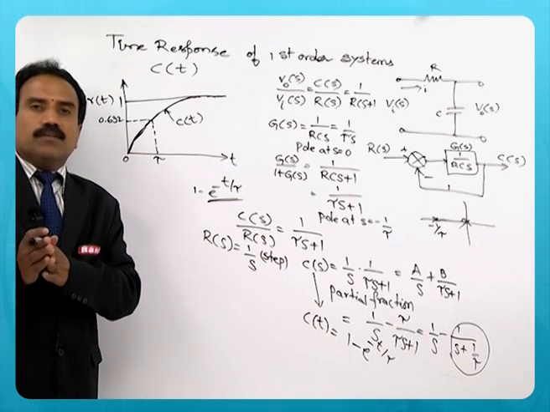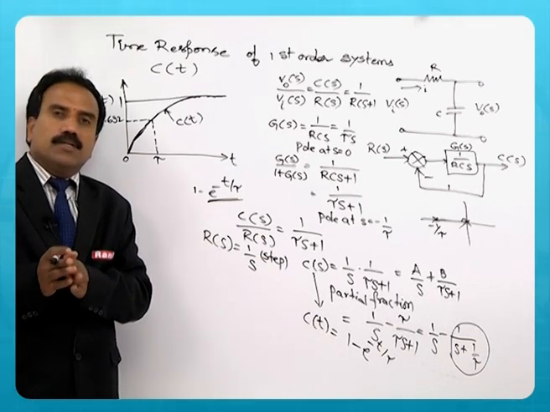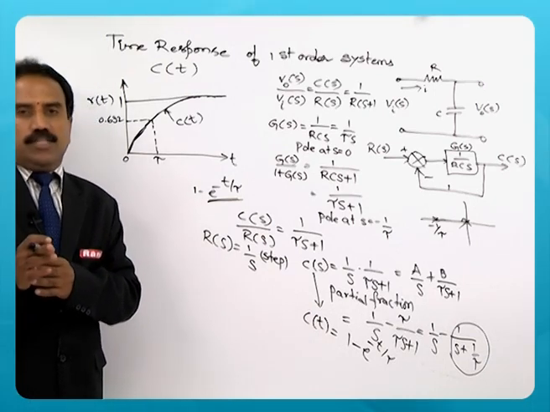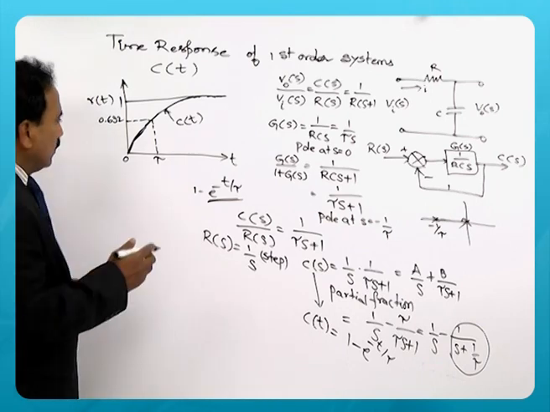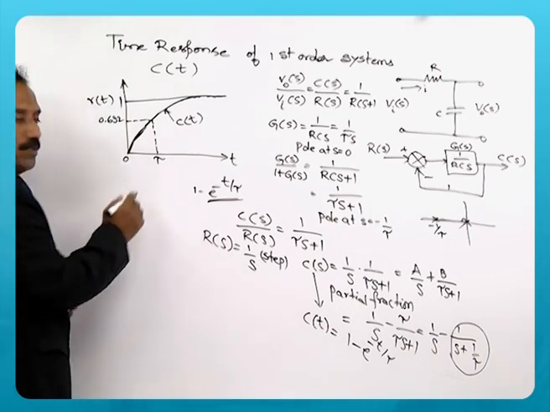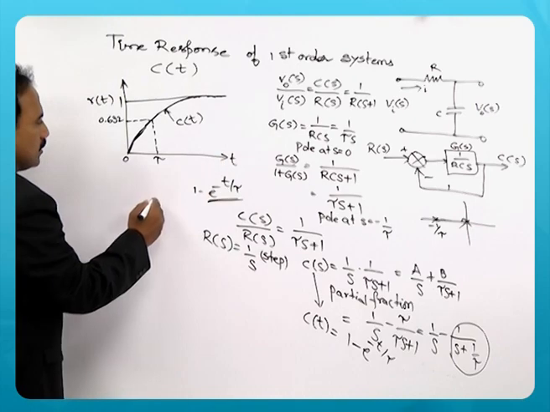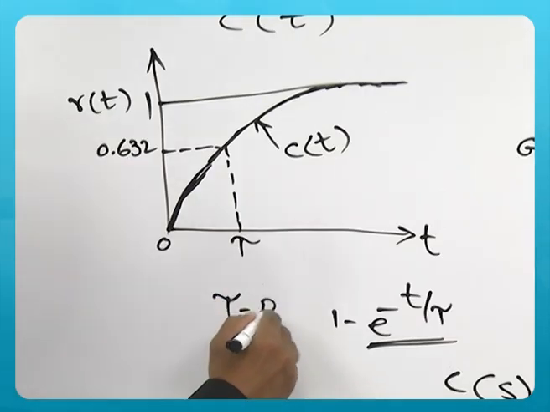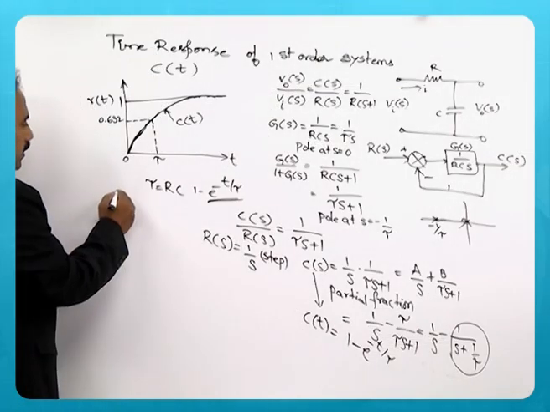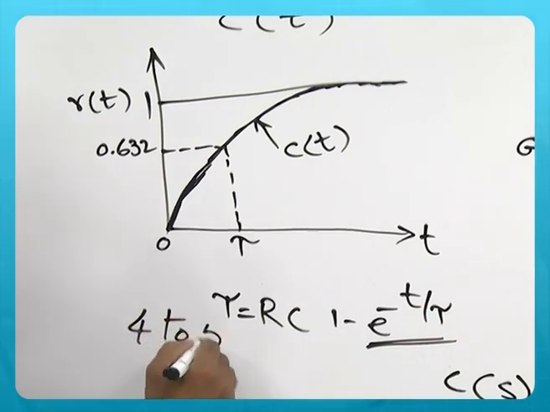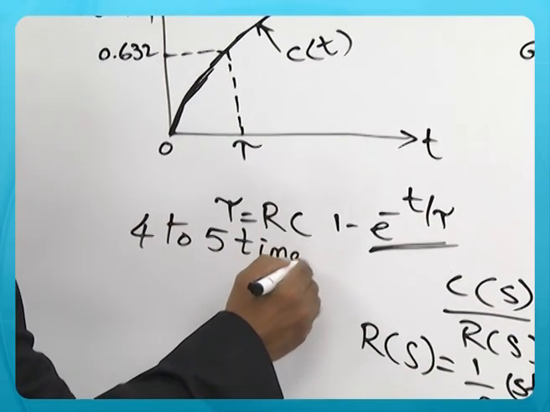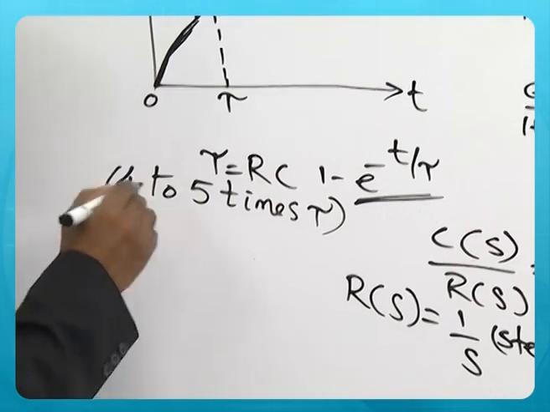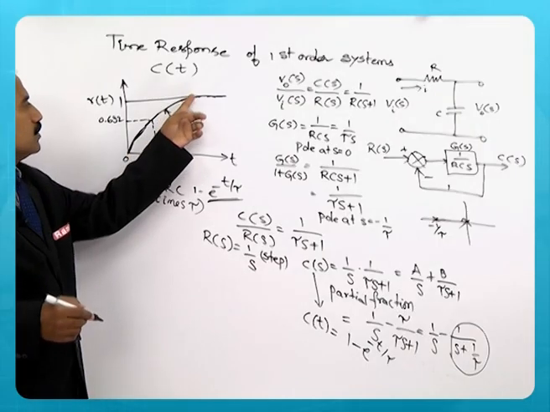So, how much time does the response take to reach the steady state? Generally it is in terms of time constants. As you know, for an RC circuit the time constant is RC. It takes 4 to 5 times tau for the response to reach steady state.